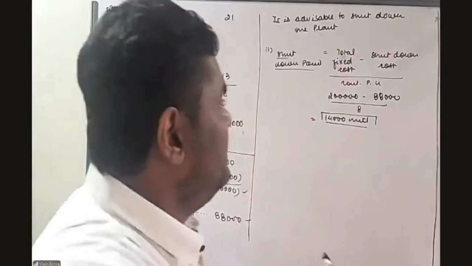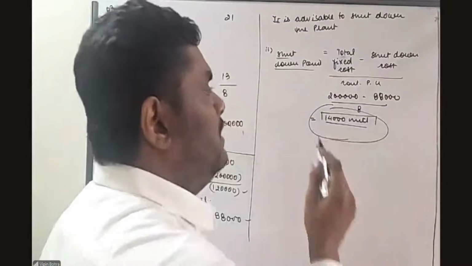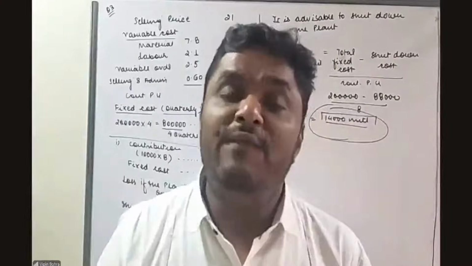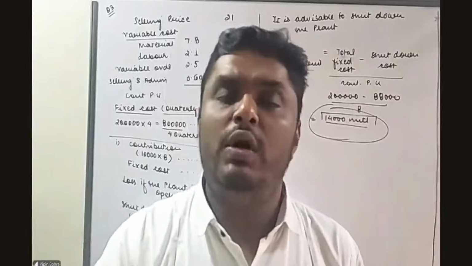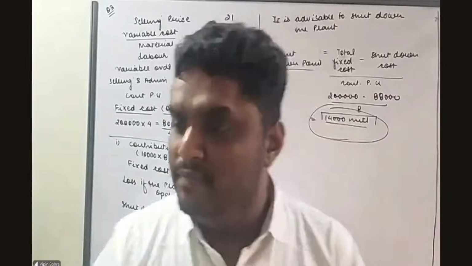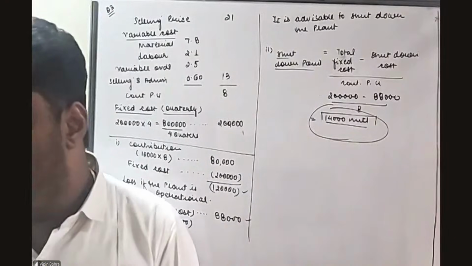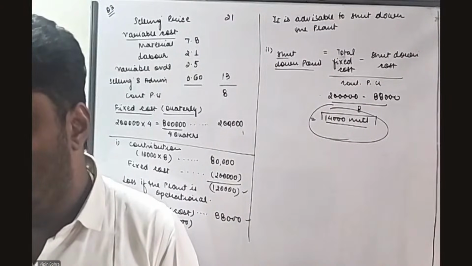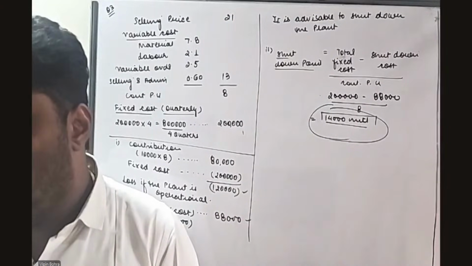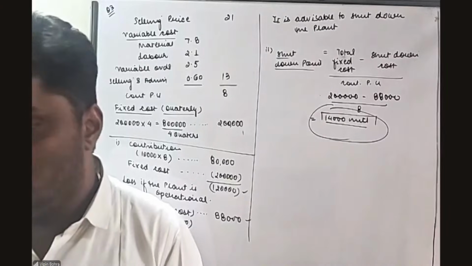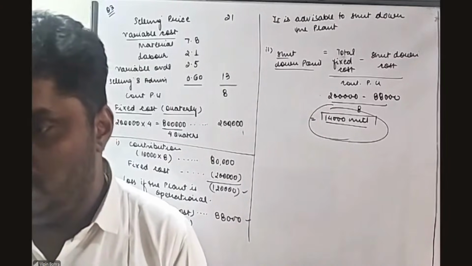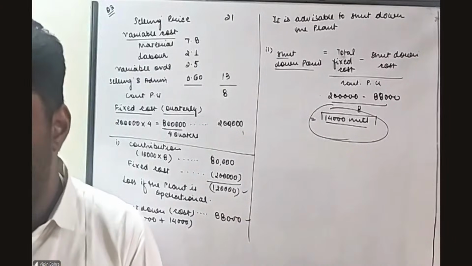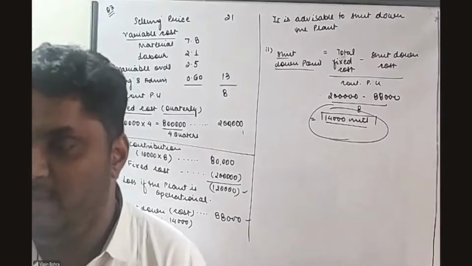So this is basically the shutdown point, where we are indifferent between continuing and not continuing, as the loss will be the same. I request you guys to copy the solution. It's a very good question. The examiner can ask such types of questions.